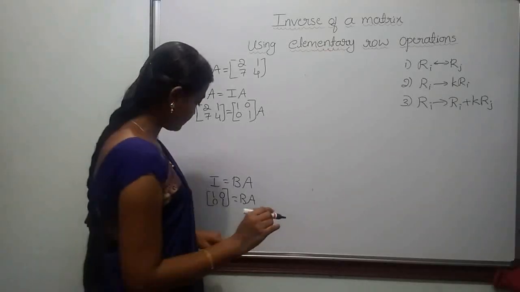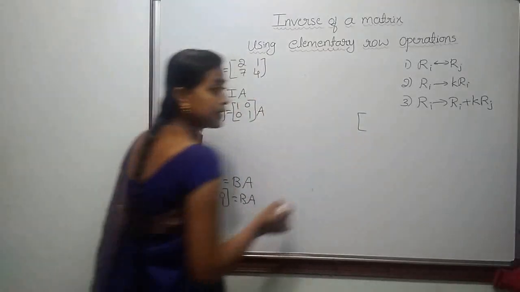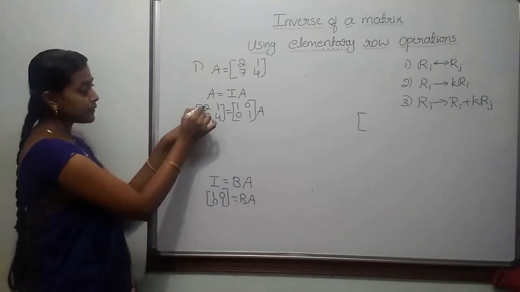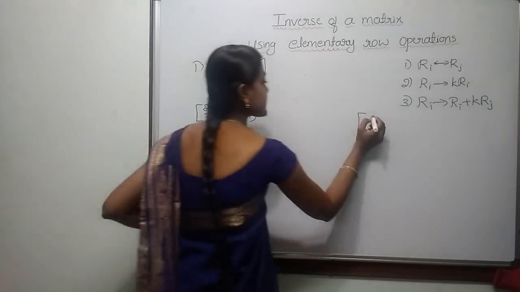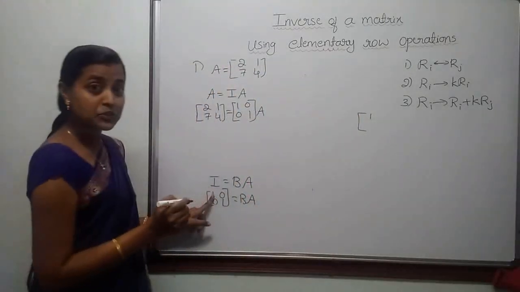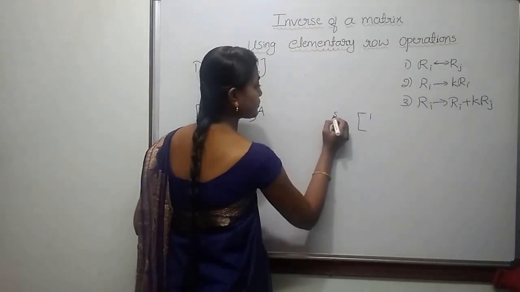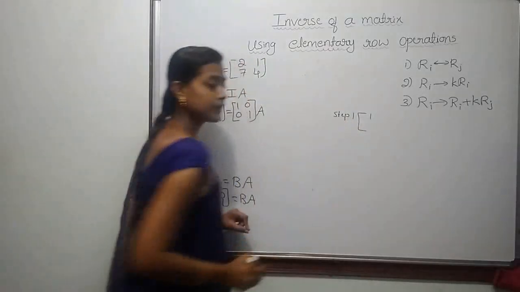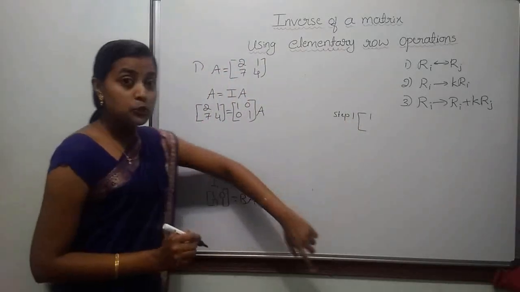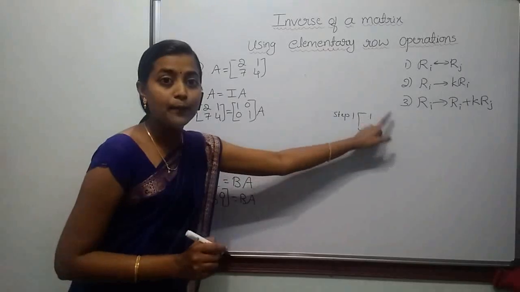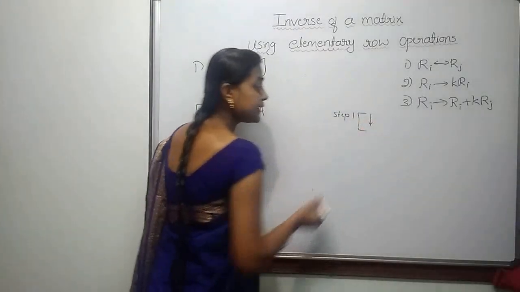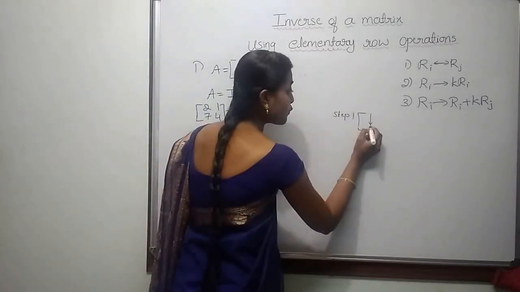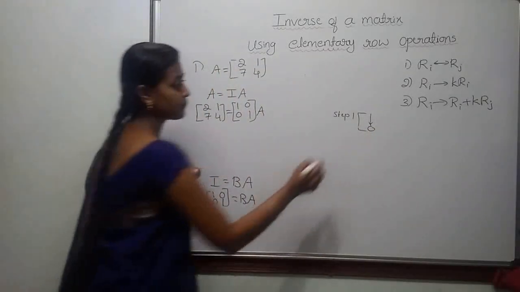The method is, first, make the first element of A to 1. First element of A has to be reduced to 1. This is the first step. And then, using first row and applying the row operation, you have to reduce the element lying in second row first column to 0.